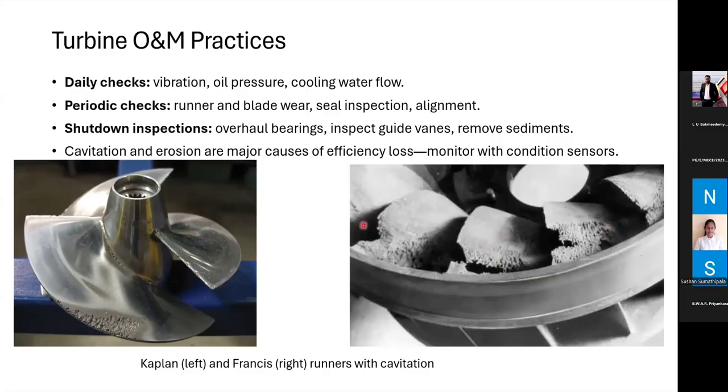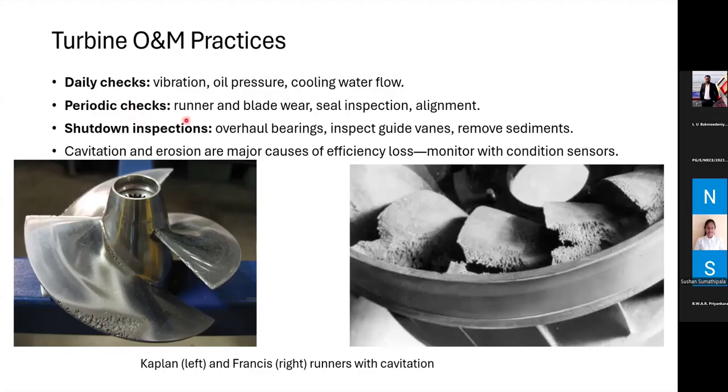This is a severely cavitated turbine which is almost deteriorated. To avoid this, you need to do daily checks like vibration, oil pressure, and cooling water flow of the turbine. If you see any increase in these parameters, that means we are having some issues with the turbine operation, probably caused by some of the damages that we explained here.